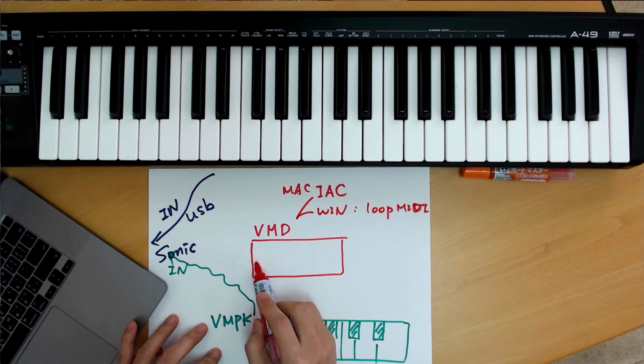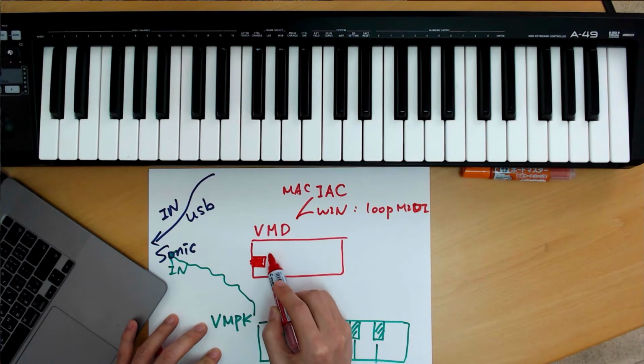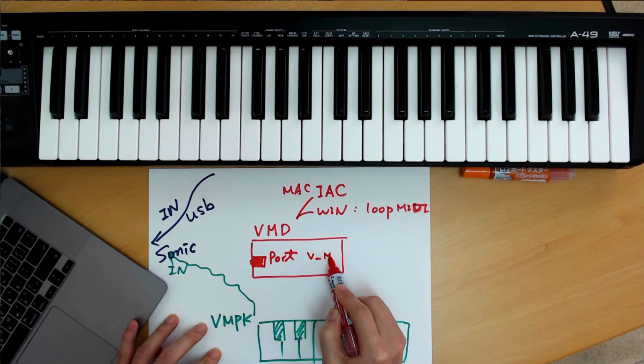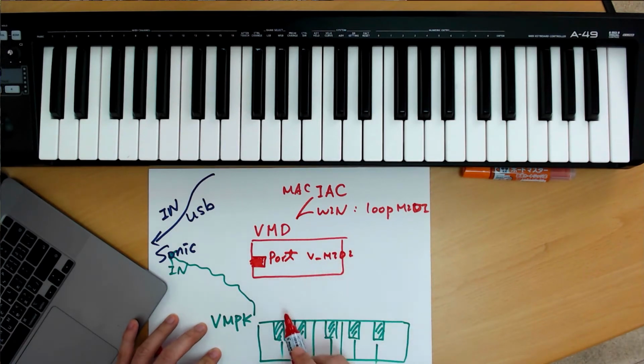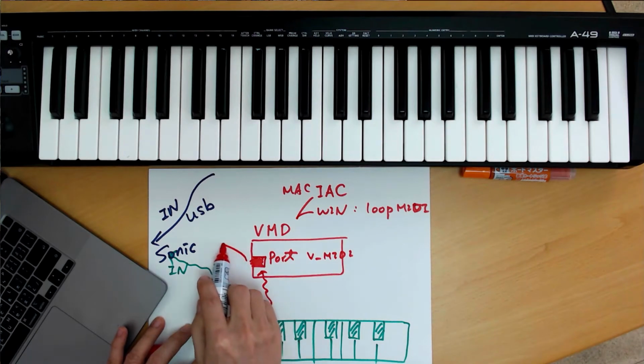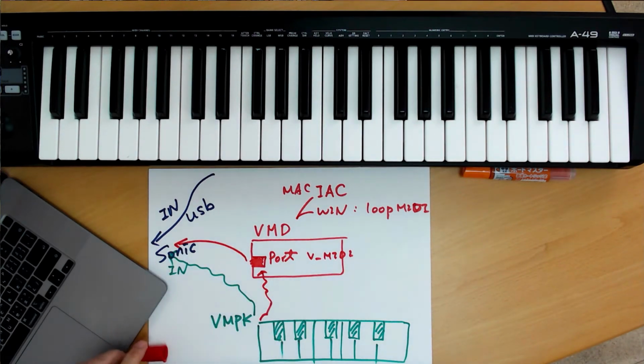And you can create a hub, a port, and give the port a name, maybe say my MIDI. Your virtual driver will receive from here and then redirect to your program.